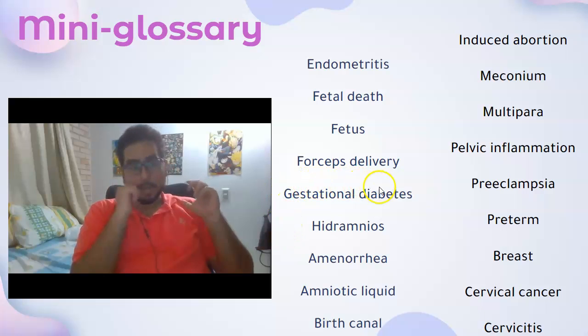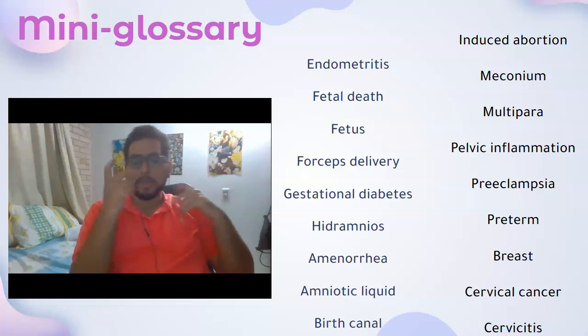Gestational diabetes is a type of high blood sugar that affects pregnant women. Pelvic inflammatory disease is an infection of the woman's reproductive organs, and others that we will explain as we advance in the presentation.